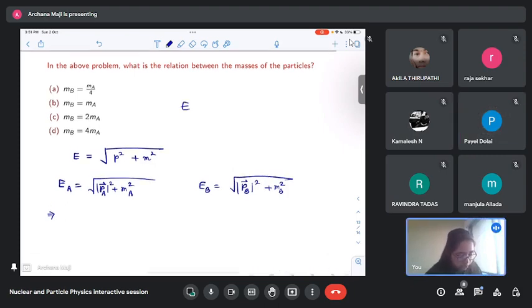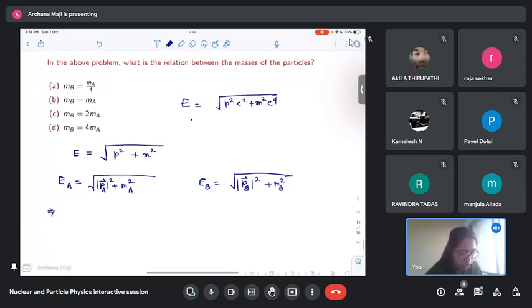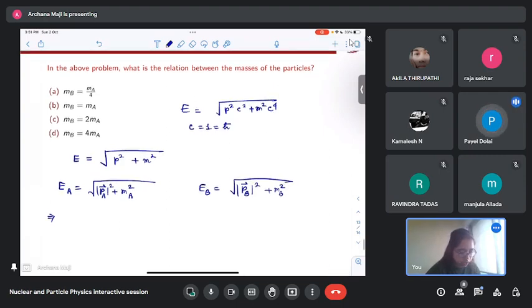So energy is given as square root of P square C square plus M square C power 4. You are saying this, right? So we are using units where C is equal to 1 is equal to h cross, meaning h cross and C both are 1, which is what we have been using for this course, right? Okay, ma'am.